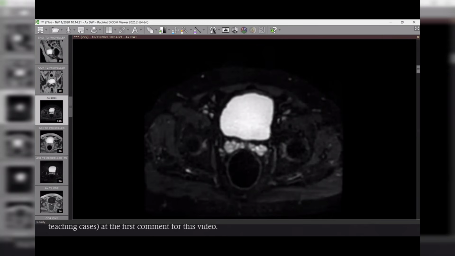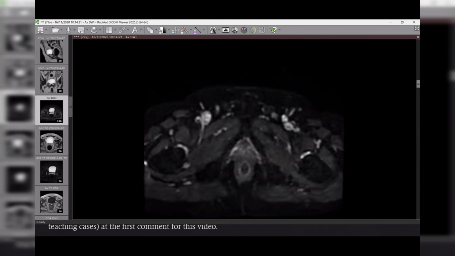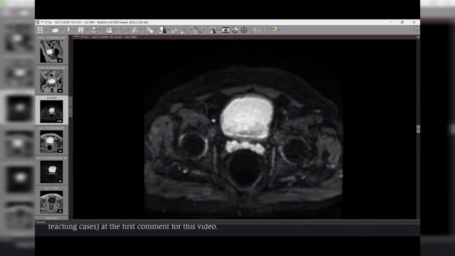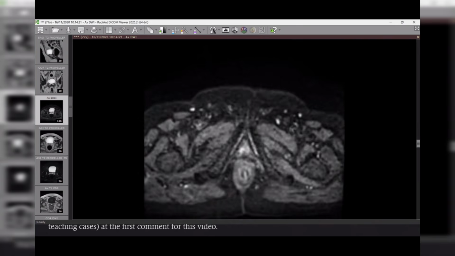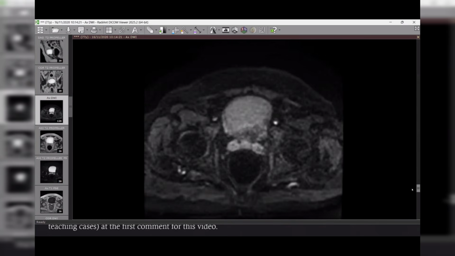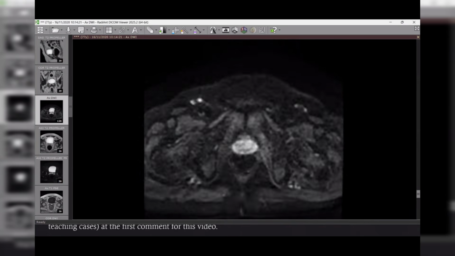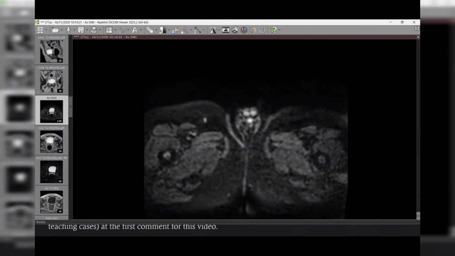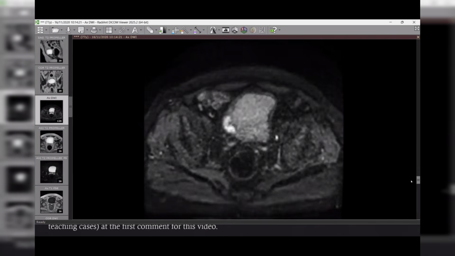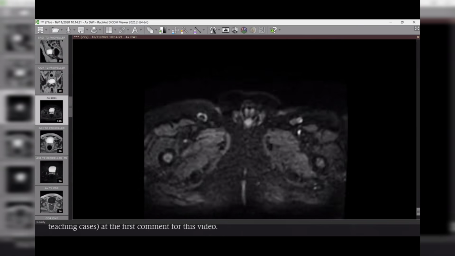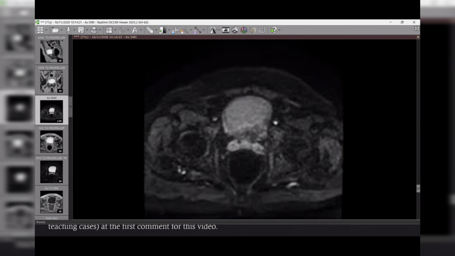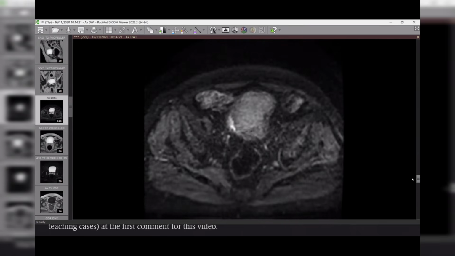You can scroll more. Yeah, go down. So there is diffusion restriction within the seminal vesicle lesion, and also within the bladder wall.